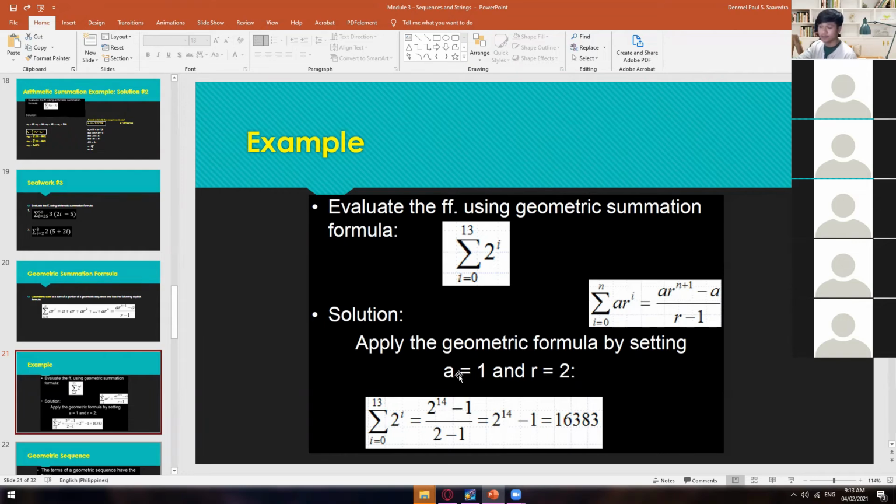By default, a is equal to 1 and r is equal to 2. So 1 times 2 raised to 14 minus 1, divided by 2 minus 1. Simplify this a little bit more, then you will get 2 raised to 14 minus 1. Then just solve this using your calculator, and you will get 16,383. So that's the geometric sum from 0 to 13 using this formula.